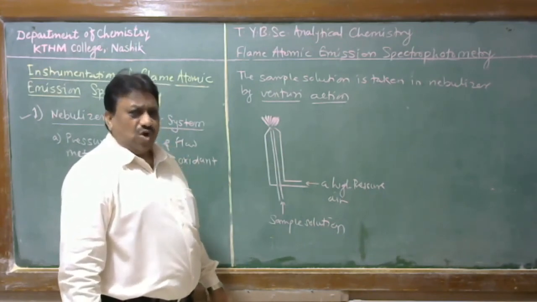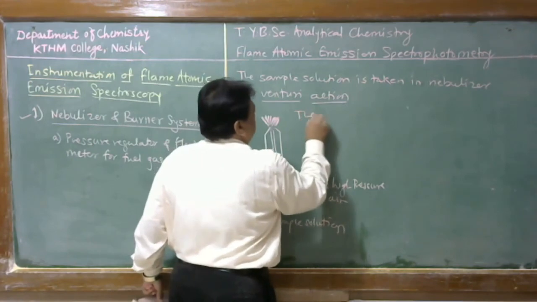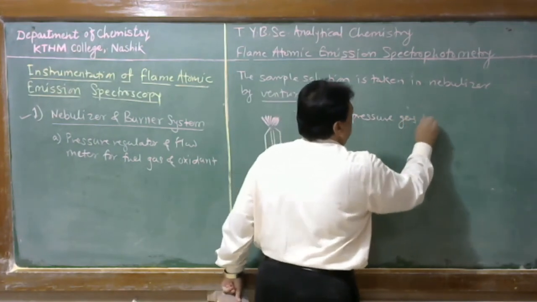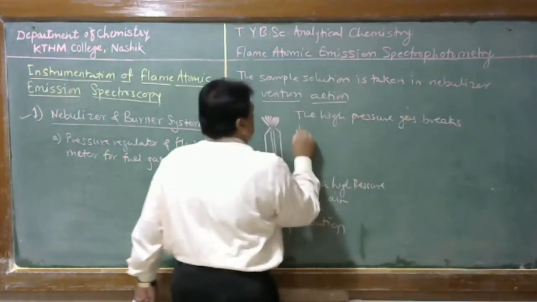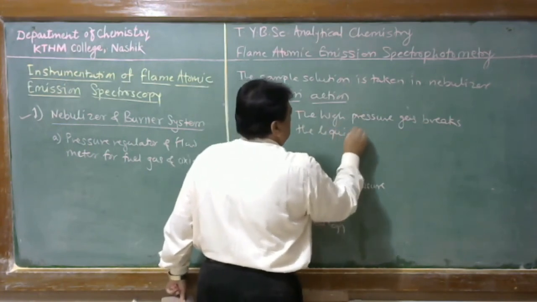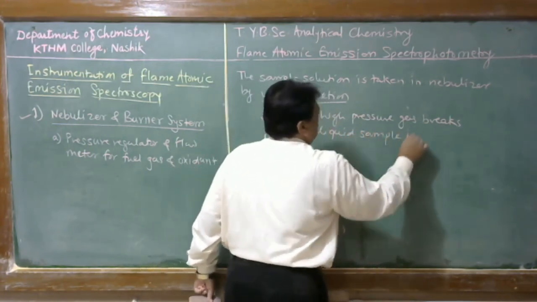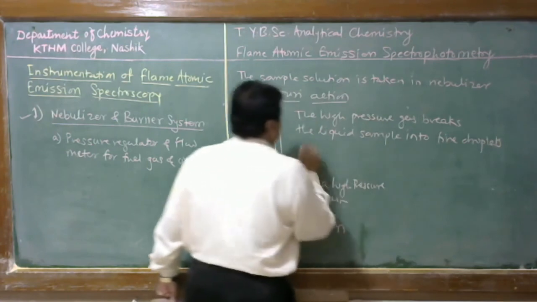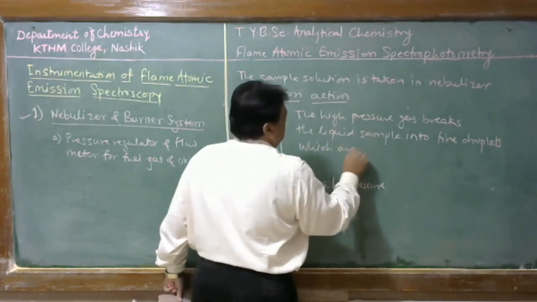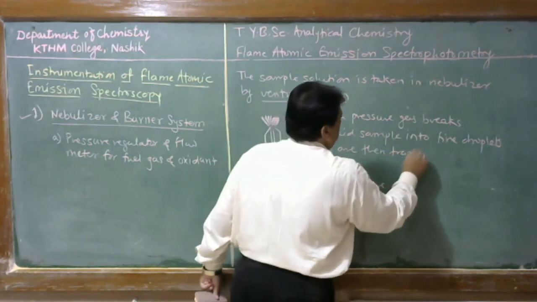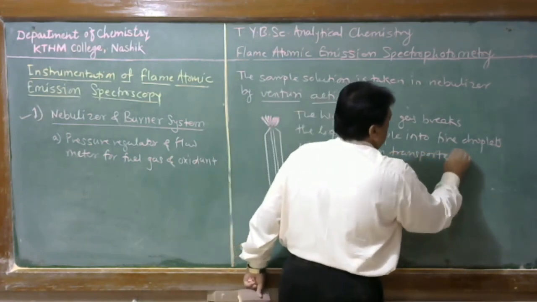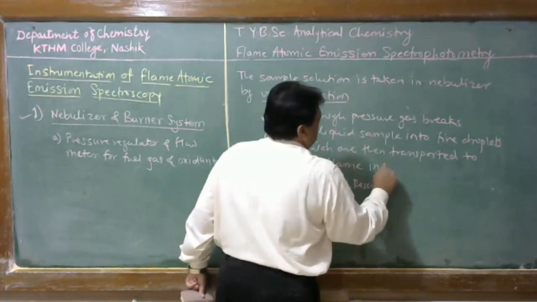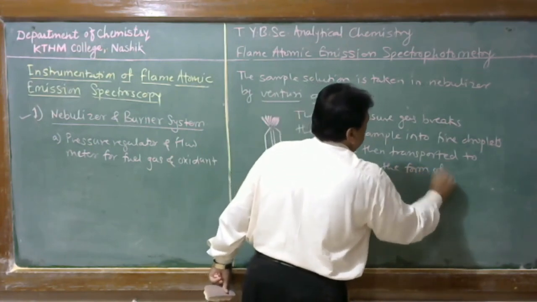The Venturi action takes the sample inside the chamber, and the high pressure gas breaks the liquid sample into fine droplets, which are then transported to the flame in the form of a fog or mist.